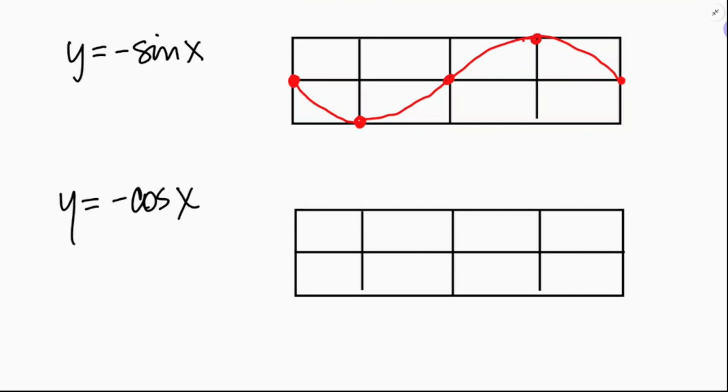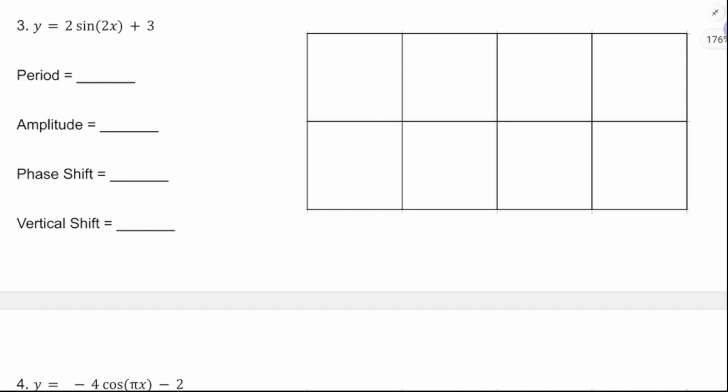But regular cosine starts at the top, and negative cosine is going to start at the bottom, like that. We'll probably need to use those when we encounter one that's got a negative number out front.